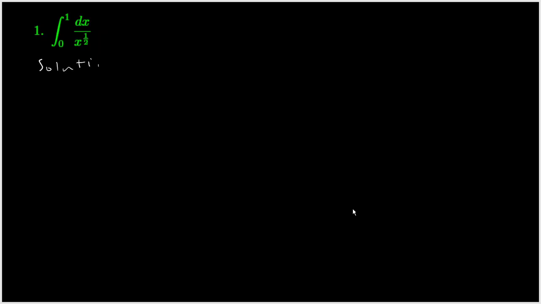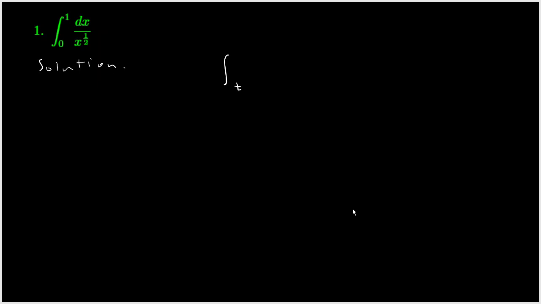I will show you the solution. Again, the integrand is undefined at 0. 0 is the point with problem. That's why we have an improper integral. Okay. And then how can we define the integral even? We replace 0 with a t. Okay.